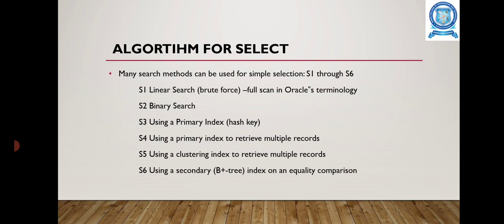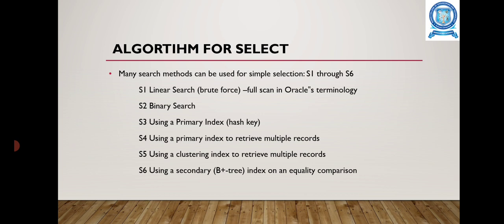Binary search is used if the selection condition involves an equality comparison on a key attribute on which the file is ordered. Next one is the primary index, that means using the hash key. An equality comparison on a key attribute with a primary index retrieves a single record.